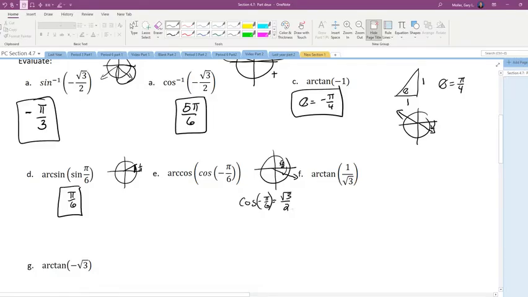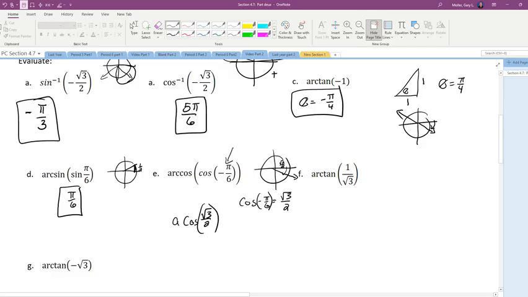Well, now the question is saying, what is the arc cosine of what we just got, root 3 over 2? And it doesn't know that you just used negative pi over 6 to get the root 3 over 2. So what we have to do is strictly go by what we talked about, which is it's going to give the answer that is in quadrant 1 or quadrant 2.